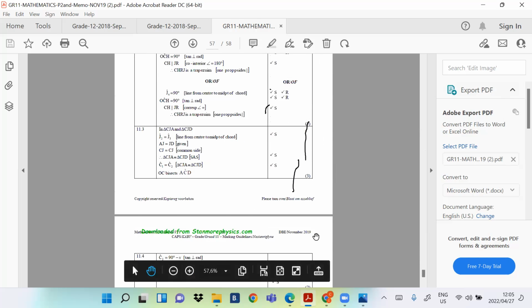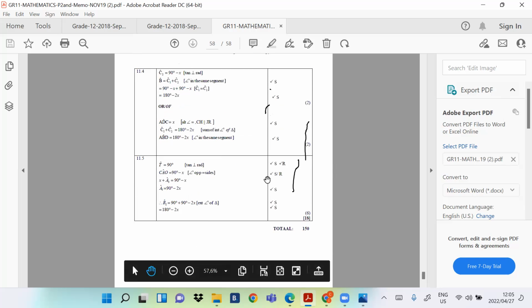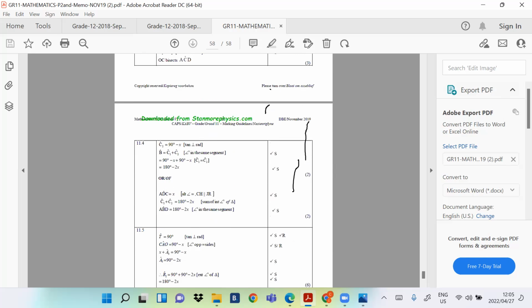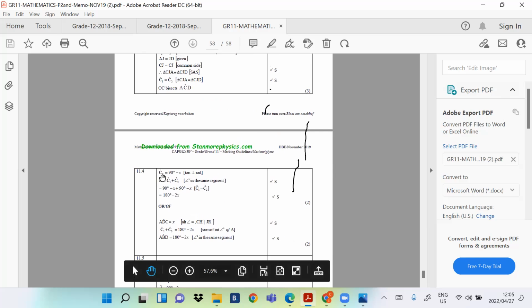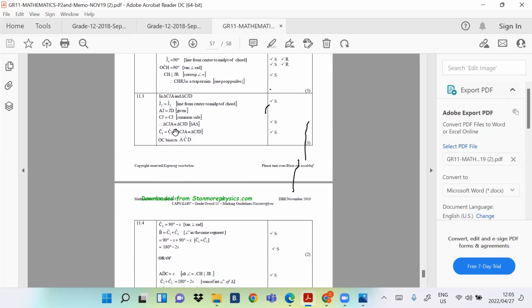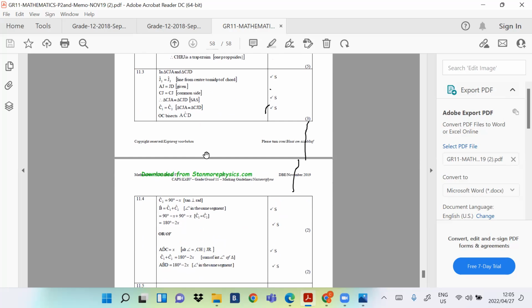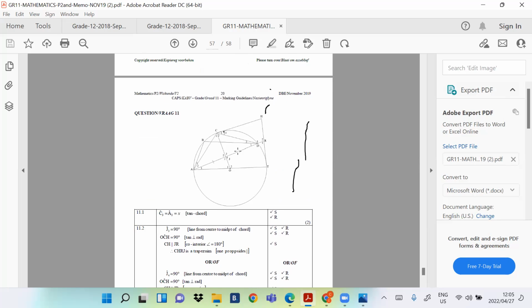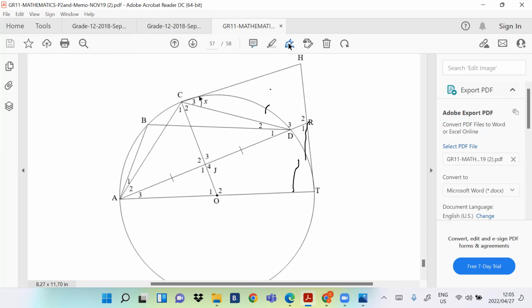B1 and C1 and C2. What was C1? C1 is C2, but we didn't get the value. Wasn't C2 90 minus X? Yes, C2 was 90 minus X, remember this is 90.